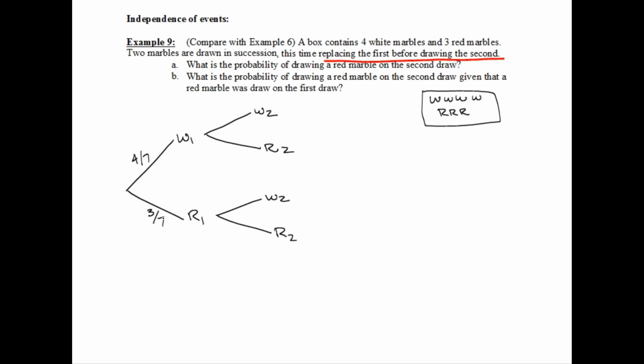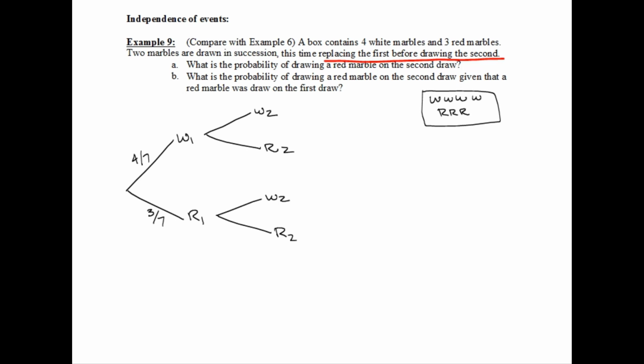Okay, so now let's assume that we got a white on the first draw. What's going to happen when we do the second draw? Well, we're going to remove a white, but then we're going to put it right back in.